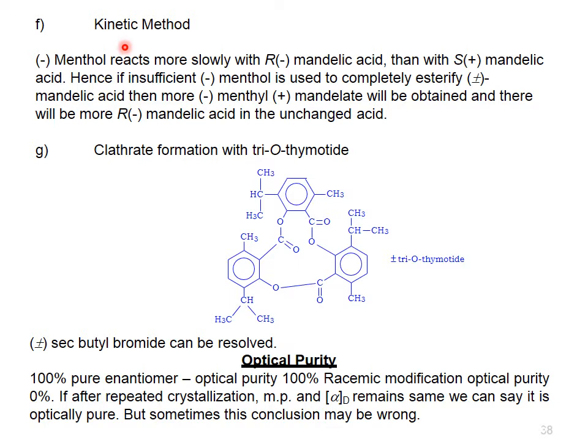This is another method for resolution of the mixture through optical purity, but it has a limitation: sometimes we get a wrong conclusion by applying this method to a racemic mixture. That is why optical purity is used very rarely for the separation of enantiomers.